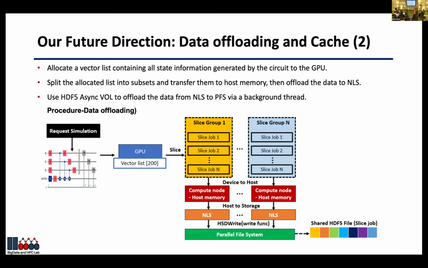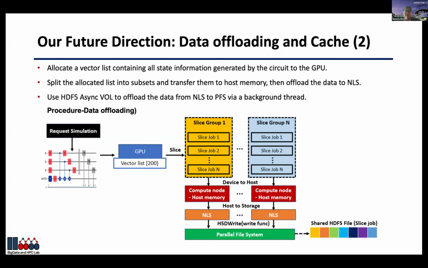So here is our continuing plan. When we get the quantum circuit, rather than just doing the malloc, we first formulate the circuit and the computation, and then rather than just continuing with the computation or exiting the application if we do not have sufficient memory, we first use HDF5 to store the data to the storage.